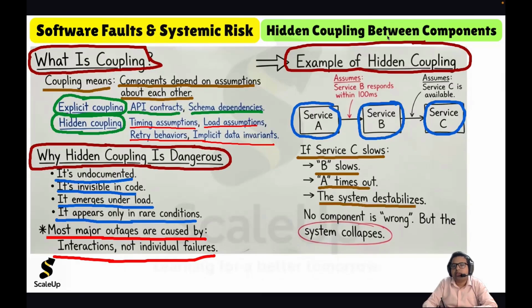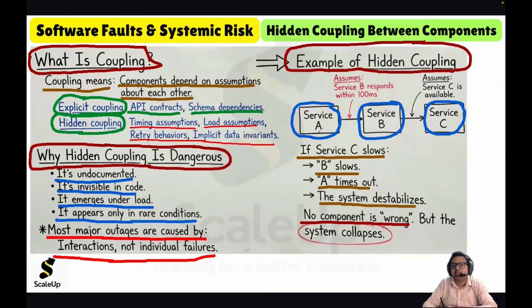Here the thing is that no component is wrong. Service A is perfectly fine. If you talk about the code, nothing is wrong with service A, service B, service C. There is no bug. But service C slowed down, not because of any bug, but because of the real-world production environment, because of some load constraints. Because of that, service B slowed down.